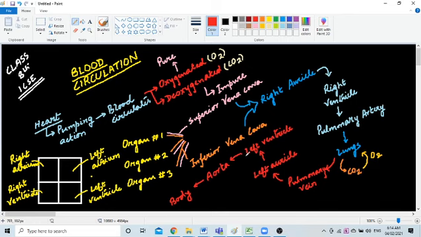Right? So we have seen that this blood flows twice through the heart. First time it flows as impure blood, and second time as pure blood. Since this entire process takes place two times within the heart, that is known as double circulation.